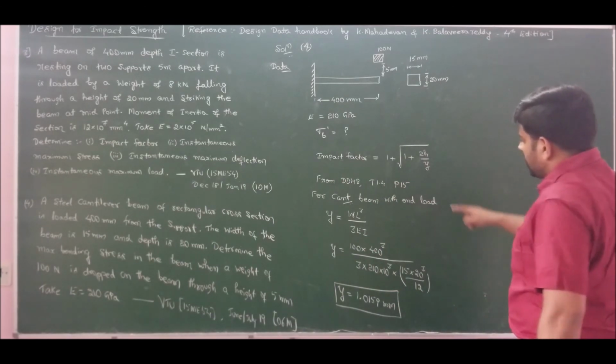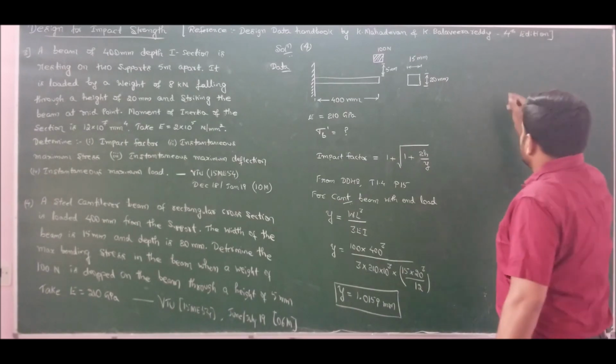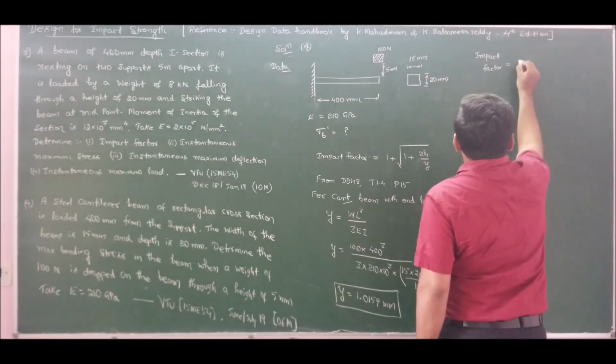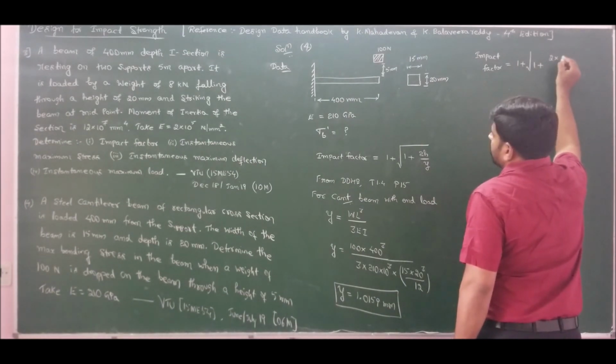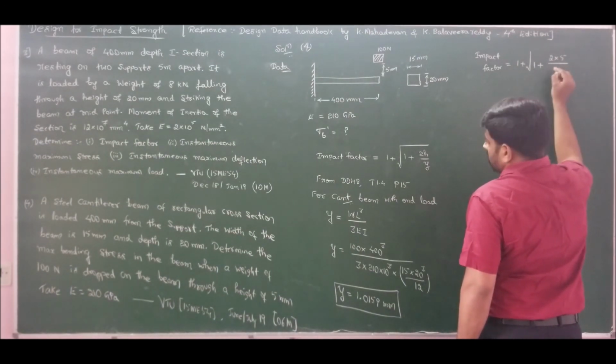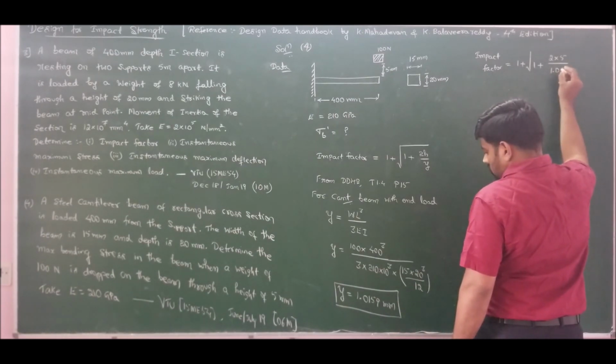Now, since I calculated the value of static deflection, I can find the impact factor. So impact factor will be 1 plus root of 1 plus 2 into h, which is 5 mm, divided by static deflection, 1.0159.